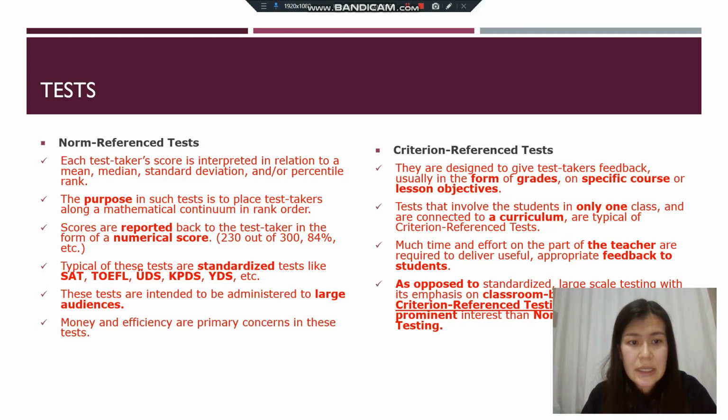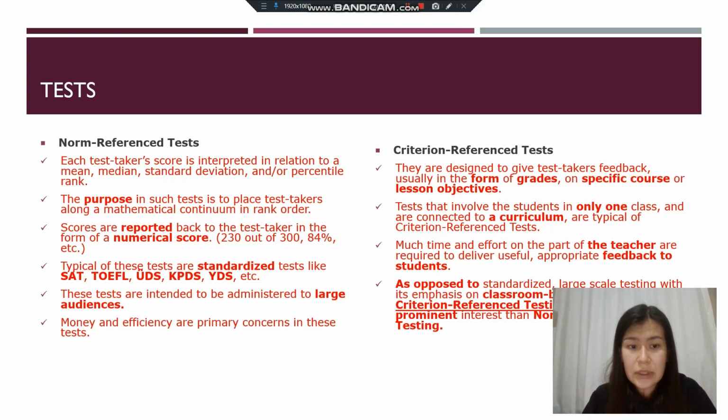The purpose in such tests is to place test takers along a mathematical continuum in rank order. Scores are reported to the test takers in the form of a numerical score, for example, 240 out of 300, etc.